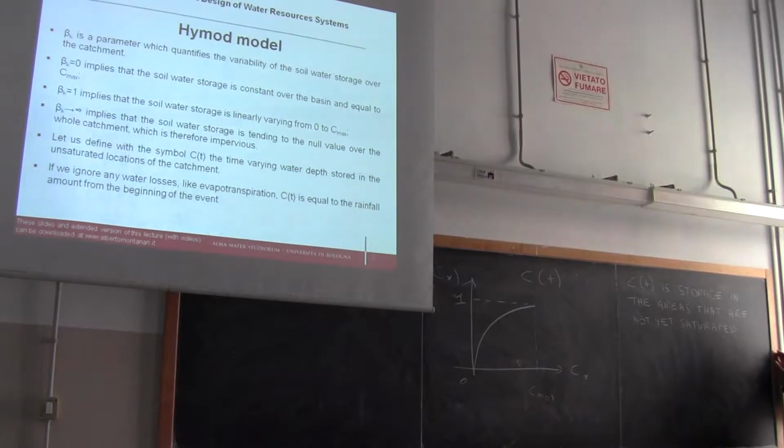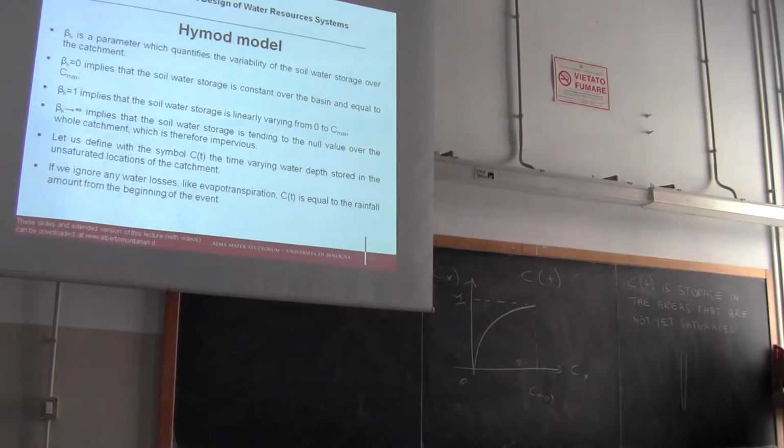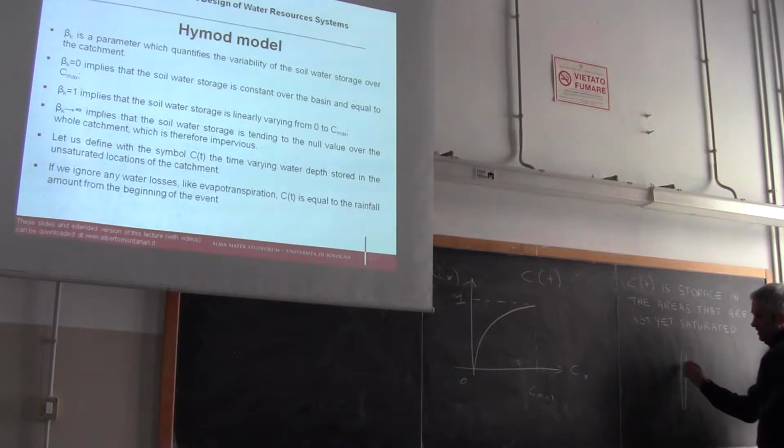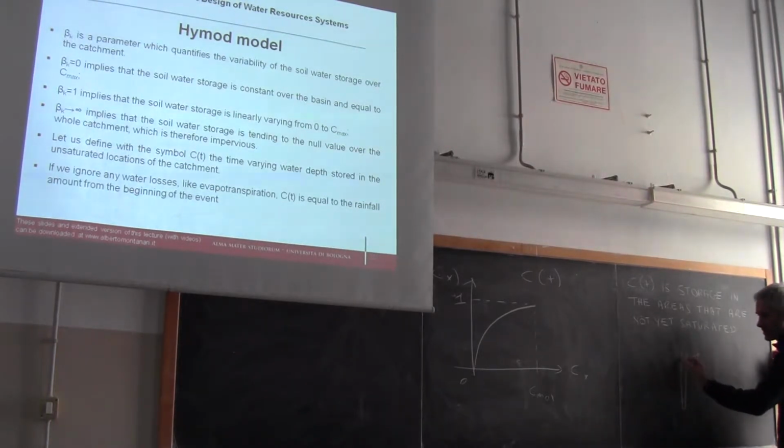So let's suppose that you look at a specific location of the catchment. You can represent this specific location as a small tank with a storage C star. And let's suppose that this area is not yet saturated.